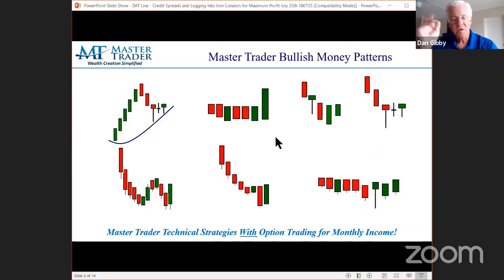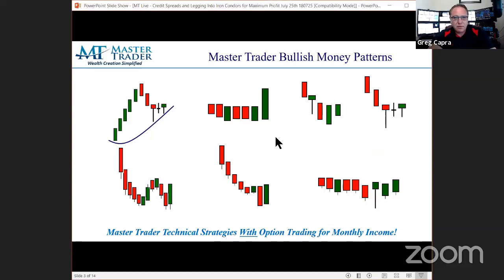Greg, why don't you tell them about these? You're the technical master. These are the pictures, right? We like to keep it simple, not make it complicated, and that's why I use the term pictures. We're just looking for a picture that suggests a reversal of some type. They come in many different types.